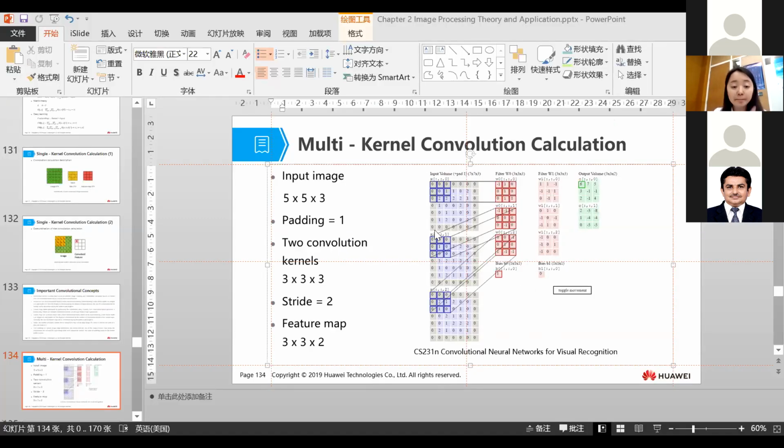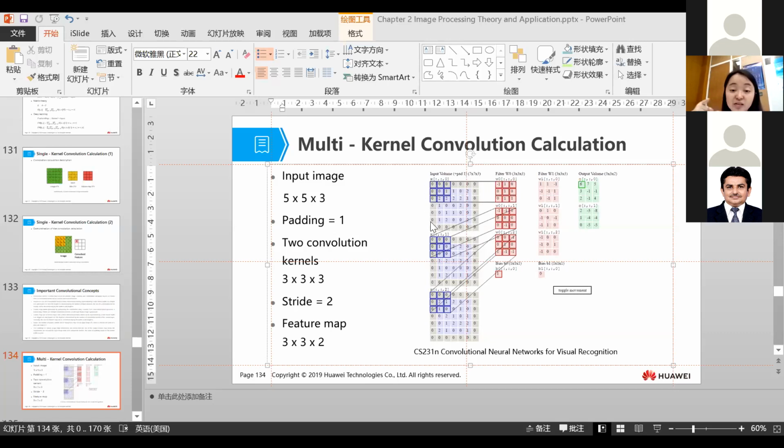So for padding, that means if our kernel is located here, and we want to extract information on the boundary of the image, if we don't pad, there is no value at these pixels.